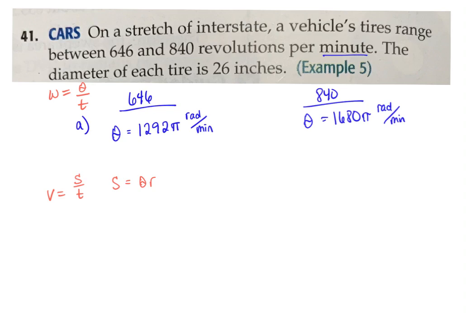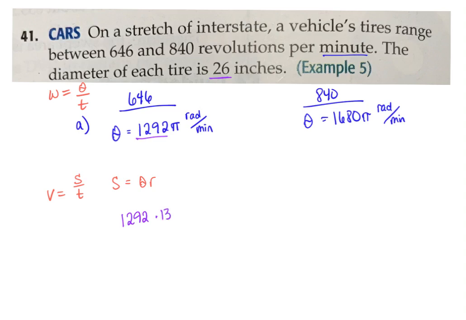So for this one, I am going to take theta that I've already figured out, 1292 pi, times R. They gave me the diameter. So what is my radius? This is the diameter. What is my radius? 13.